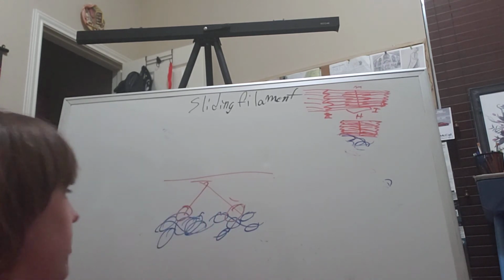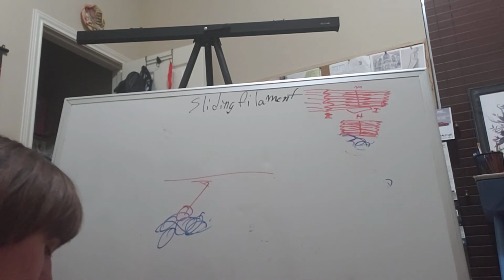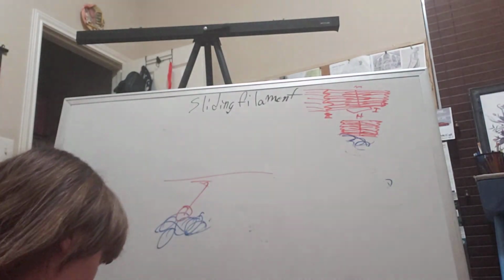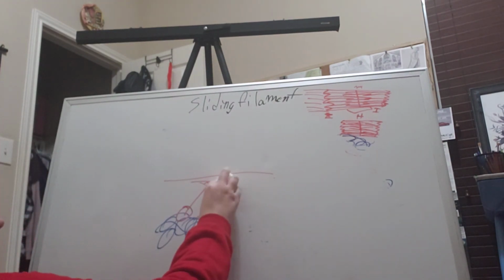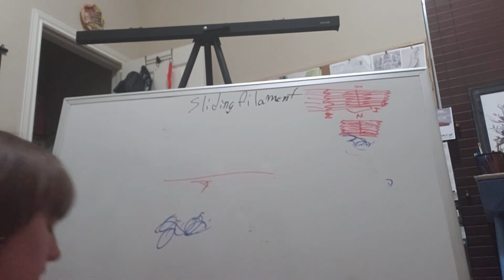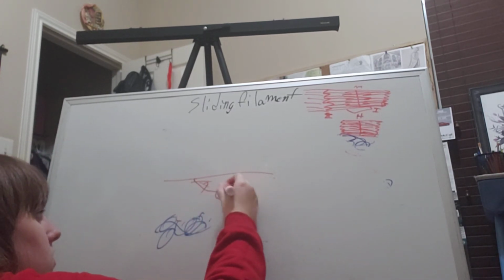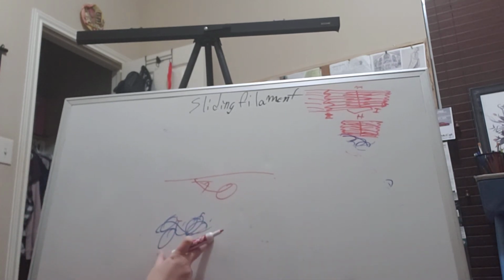Now, once that energy is spent, because it's not infinite energy, the myosin will detach and fall right off. Because the adenosine also falls off. It's been spent. It's done. And it'll return to a resting position. But now, this was moved from here to here.